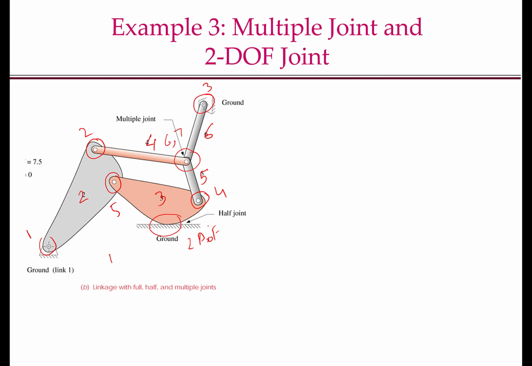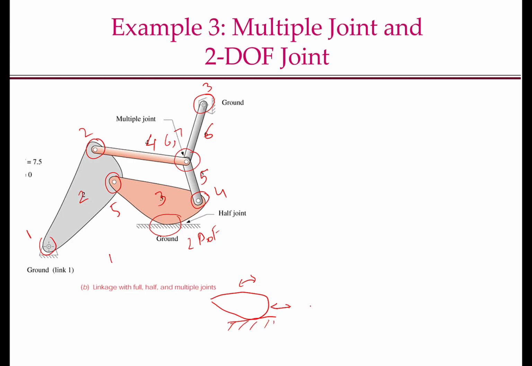Why? Because when you think about the degrees of freedom between two bodies, one good way to think about it is to just take the two bodies in isolation. So here I have this body here and I have the ground. Since this body is curved, it can rock back and forth, and it can also slide.